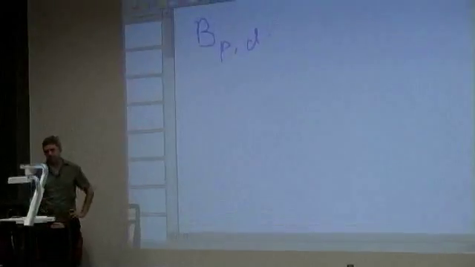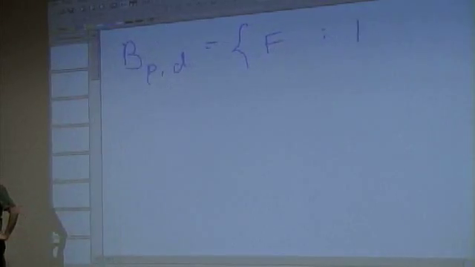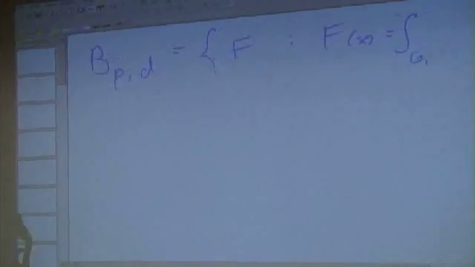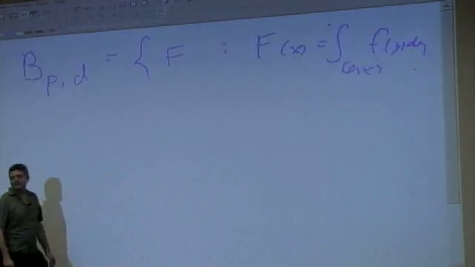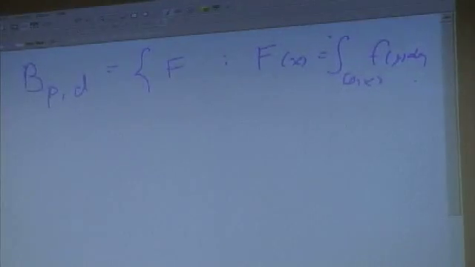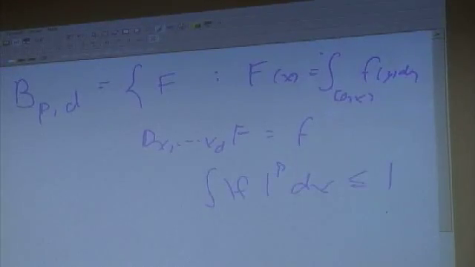So I'll define the unit ball of a Sobolev space, where p is the integrability index and d is the dimension, to be F such that F is the integral over the box from 0 to x, and little f is the mixed derivative of capital F. So if I take dx1 to dxd of capital F, that's little f, and then the final condition is that the integral of f to the p dx is less than 1.